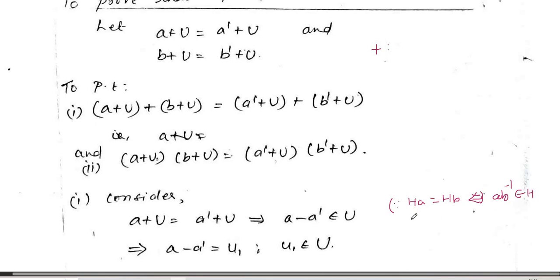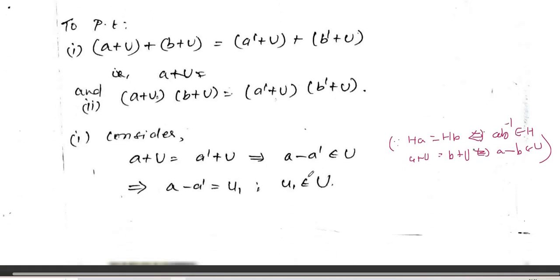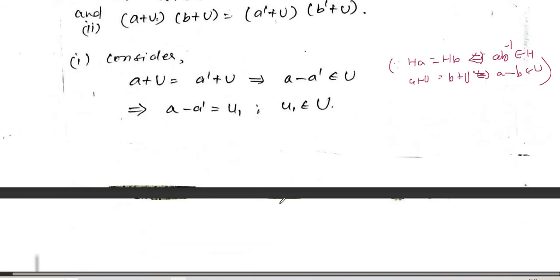So the cosets are given by a plus U and b plus U. That should imply, and be implied by, a minus b belongs to U. So here, instead of b, we have a prime. So a minus a prime should be in U. We shall name that as some element u1 in U, so that you can have a to be a prime plus u1.